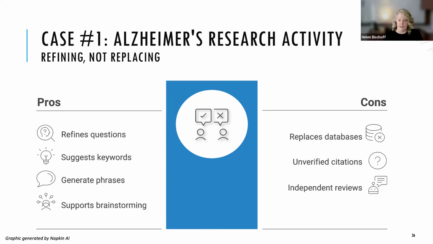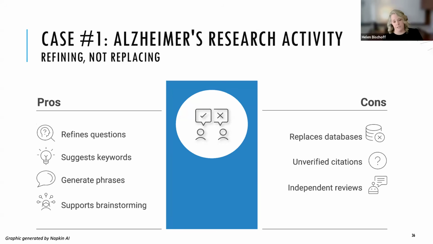So we had to start with the education piece. We also talked about how it generates problematic text, hallucinates citations, and it cannot reliably replace the structured database searching to meet the needs of this specific research team, so that they could pursue those grants, so that they could do the work that they needed to do in their labs. So this is very specific to what they were doing and what this research team needed to accomplish.